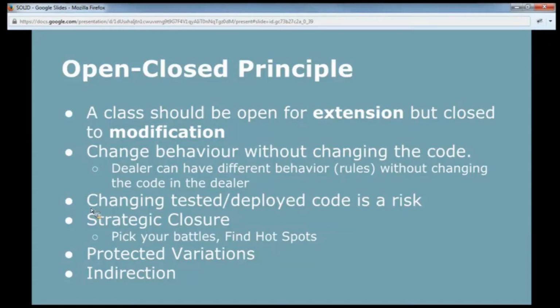So we probably need to make some refactoring or something like that to handle these changes without doing extreme modifications. And we have the protected variations and the indirection patterns in GRASP also to make this a little bit more specific. But the idea is that you should be able to extend stuff, change the behavior without changing the code.